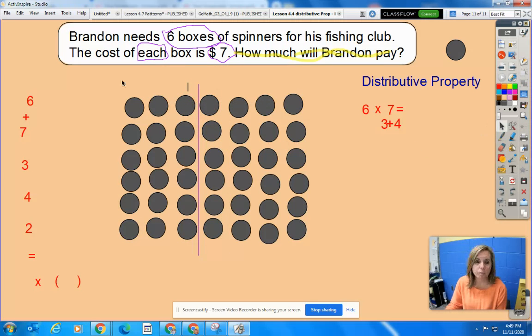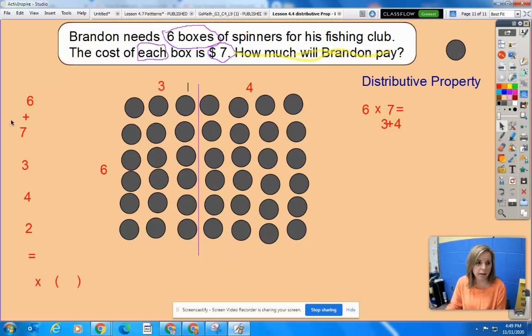Okay, so this is my wall, my line. So now I'm going to put the factors, the multiplication problem for this array. So I'm going to always go down 1, 2, 3, 4, 5, 6. So I still have 6, and then I have 3 across. Okay, now let's do it on this side. On this side of the wall, I have 4 going across.